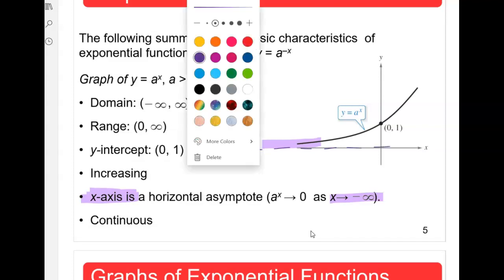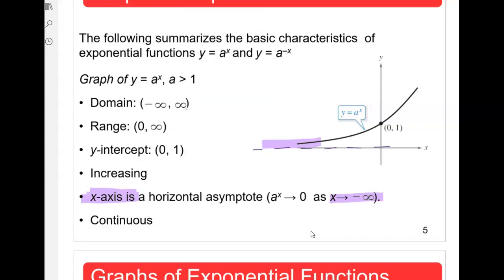Actually, I'm going to make this a little thicker right here, and it starts getting smaller and smaller. Or I should say, because this is x approaching negative infinity, right? x is getting more and more negative, or getting smaller. Remember, the arrow means that.